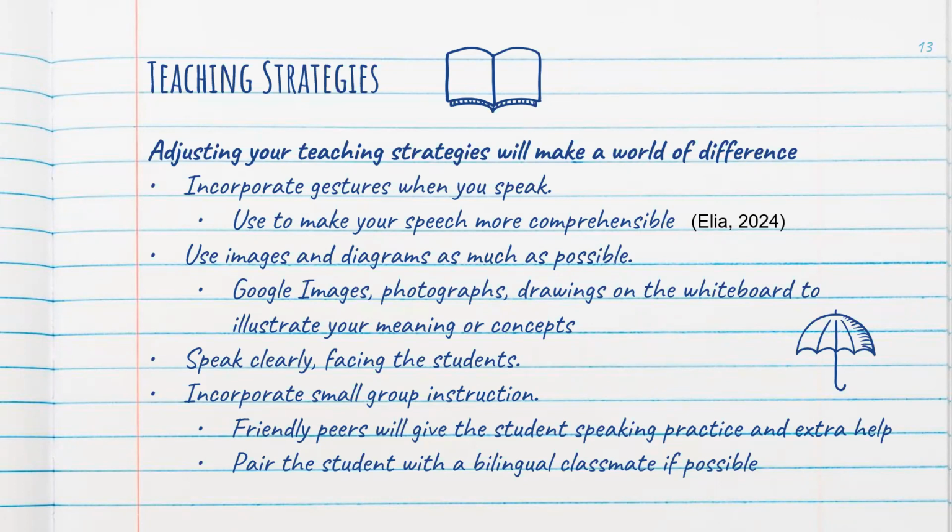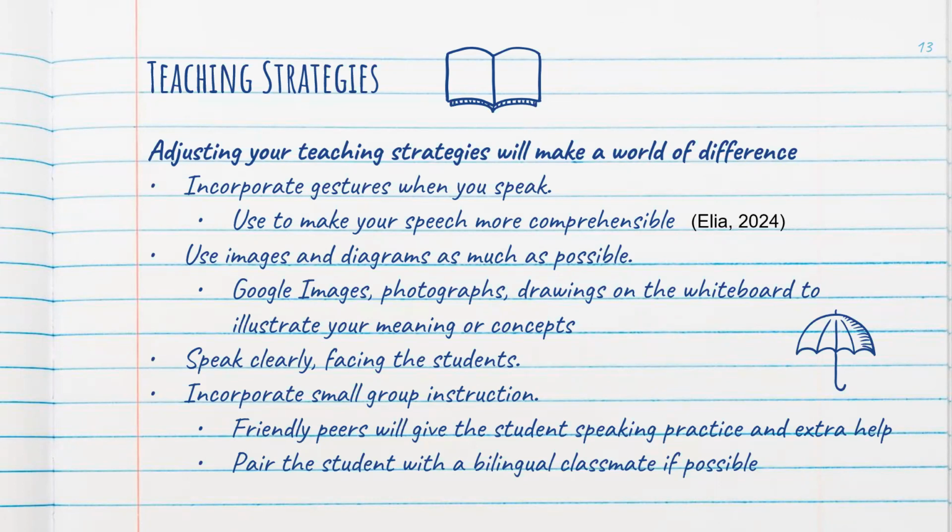Another thing that you can do is to use images and diagrams as much as possible. If, as they say, a picture is worth 1,000 words, and if you can use images to help your students understand, you can use Google Images.